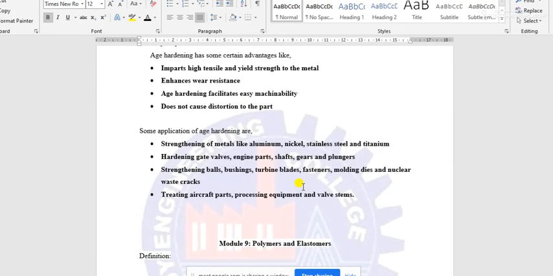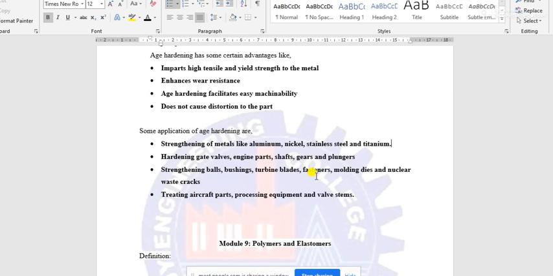Finally, the application of age hardening. I have already said that aluminum, nickel, stainless steel, titanium, magnesium, these kinds of non-ferrous metals, or the alloys coming from these non-ferrous metals, can be strengthened by this method, or for hardening of gate valves, engine parts, machinery parts, or turbine blades.